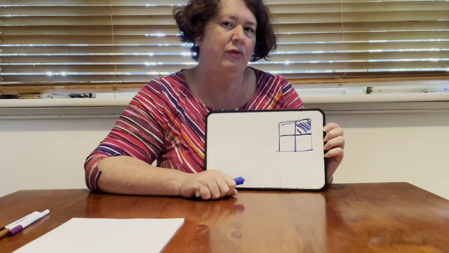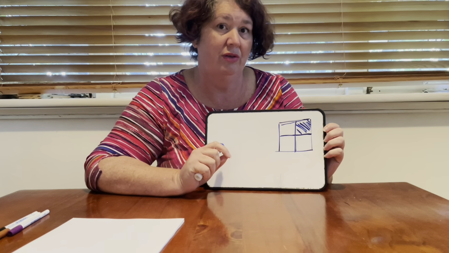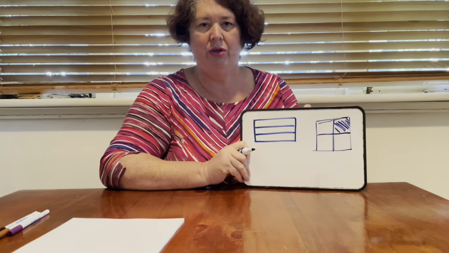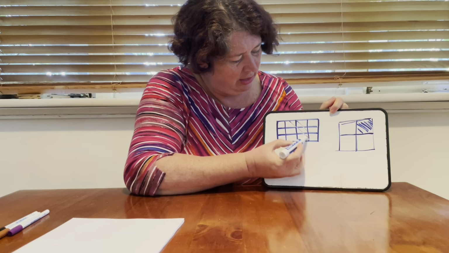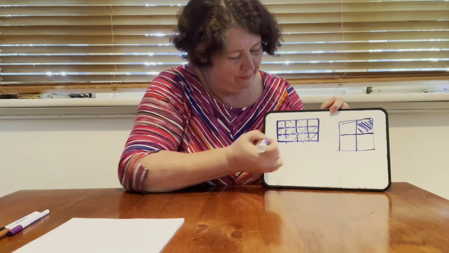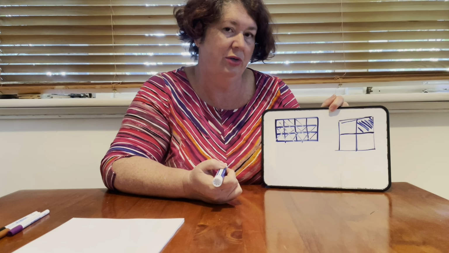In order for them to find a straightforward and concrete way to represent and compare 2/3 and 3/4, they would be better off using a linear model and actually folding them into thirds and quarters and then comparing them, or when they come to adding or subtracting them, they would be better off to use thirds, for example, going in that direction, quarters going in that direction, and realizing that this is 3/4 and this is 2/3, because then they can see exactly how to get to those 12ths that allow us to add and subtract.